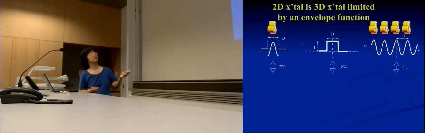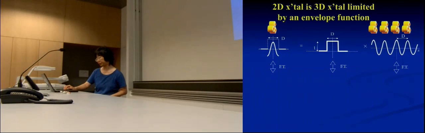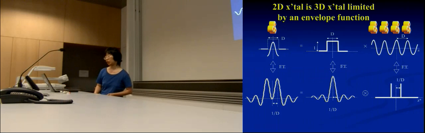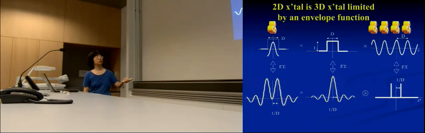If you think it originally is a crystal being limited by this envelope, you basically multiply these two, you end up with just what's in the middle, one layer of this molecule. You do a Fourier transform of that. We've learned that this will give you a single frequency.